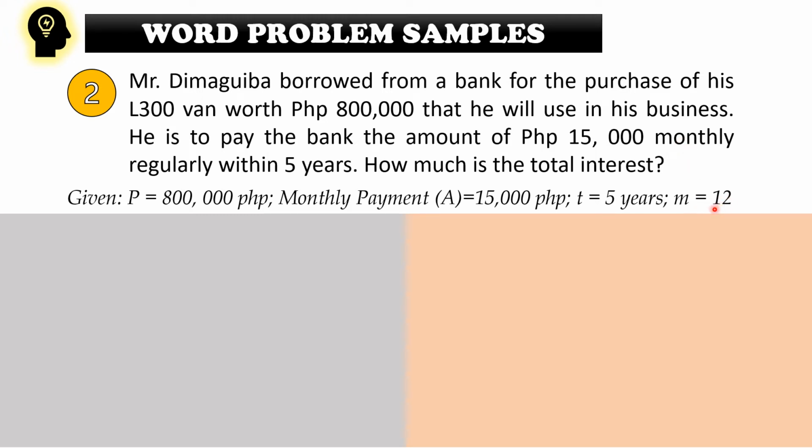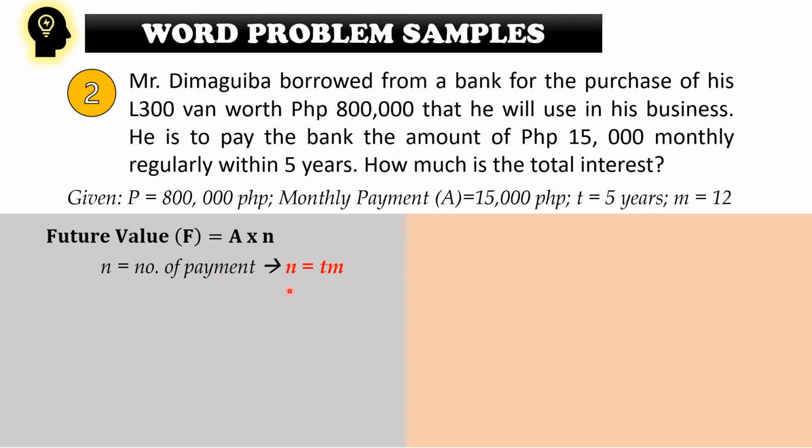Okay? Then the first thing to do is to find the future value, lahat ng kanyang babayaran. So that is the future value denoted by capital letter F is equal to capital letter A, the monthly payment, times N. So ano itong N na to? N pertains to the number of payments within 5 years, the duration of the loan made by Mr. Dimagiba.